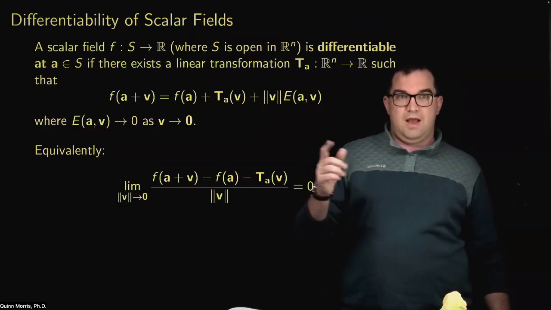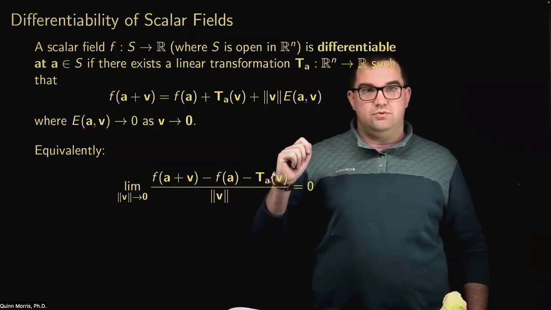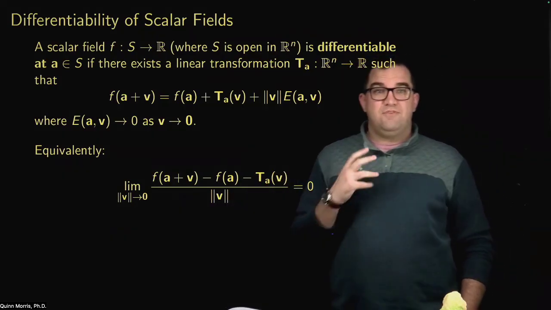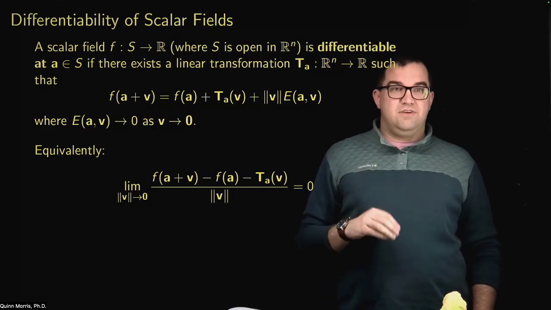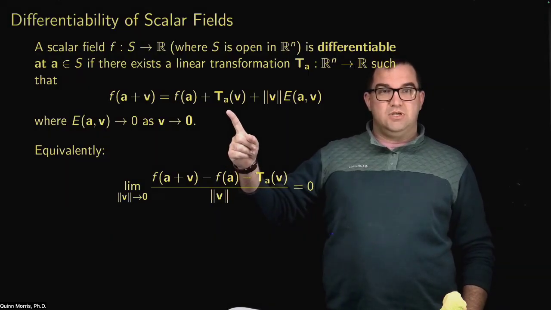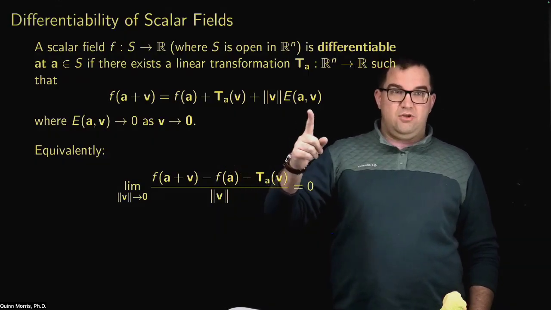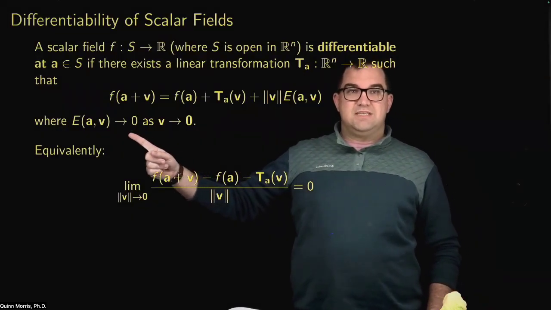But as we move into higher dimensions, we do need to be careful to make sure that this is in fact a magnitude. Okay, so our definition of differentiability is: a scalar field is differentiable at a point A if there exists this linear transformation and this scalar function, where this scalar function needs to satisfy the same property.